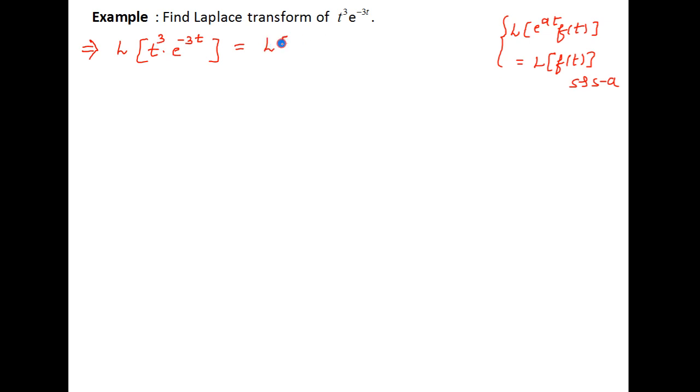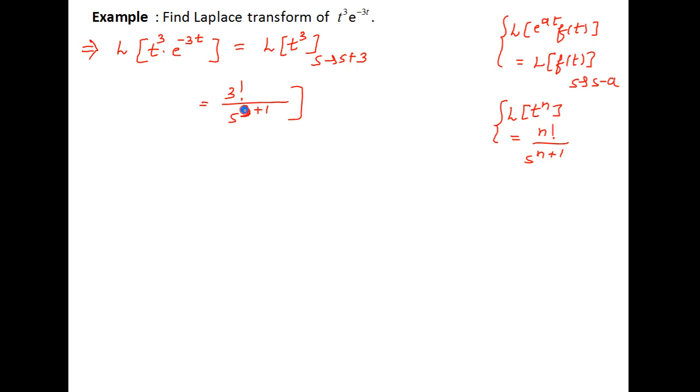So according to this, Laplace of f of t means t cube, and here we have to replace s by s minus of minus 3, means s plus 3. And now taking Laplace of t cube by the result Laplace of t raised to n is n factorial upon s raised to n plus 1, we can write here 3 factorial upon s raised to 3 plus 1.